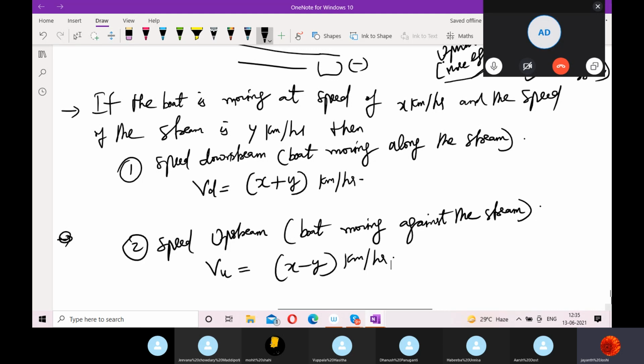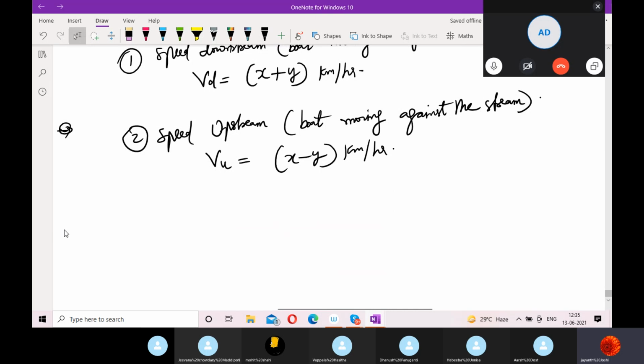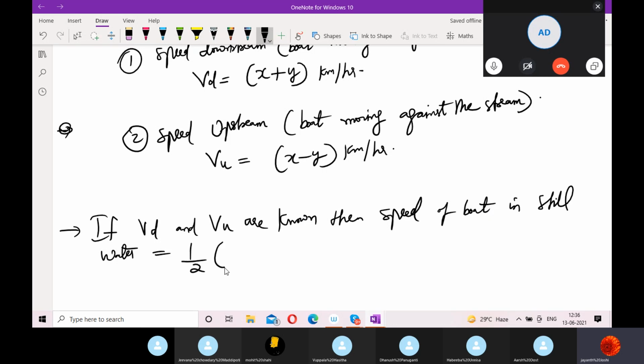Okay. Now, after this formula, this is the next formula. If speed downstream and speed upstream are known, then speed of boat in still water is equal to half of (VD plus VU).